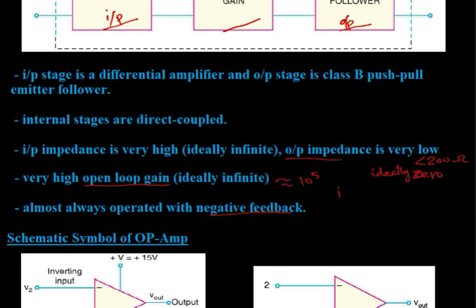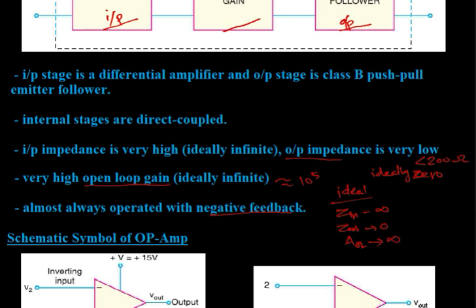Now if we consider the entire operational amplifier, the characteristics are: it amplifies the difference in the voltages applied at the two input terminals. For an ideal op-amp, the input impedance is infinite and the output impedance is 0. The open loop gain, denoted as AOL, where A represents the voltage gain and OL represents open loop, is also infinite for an ideal op-amp.